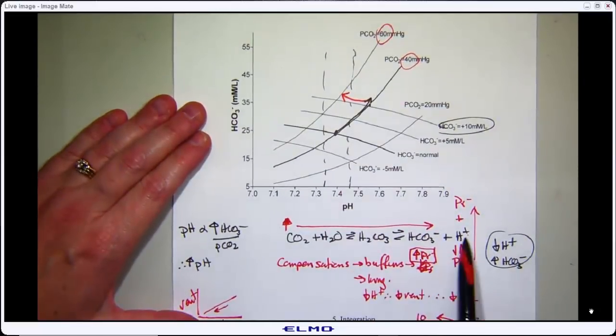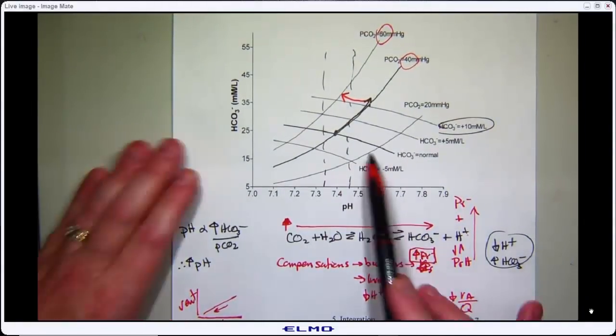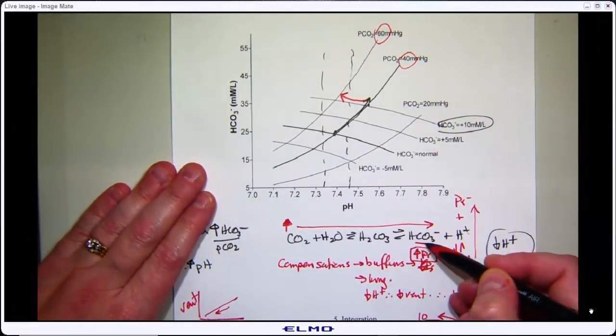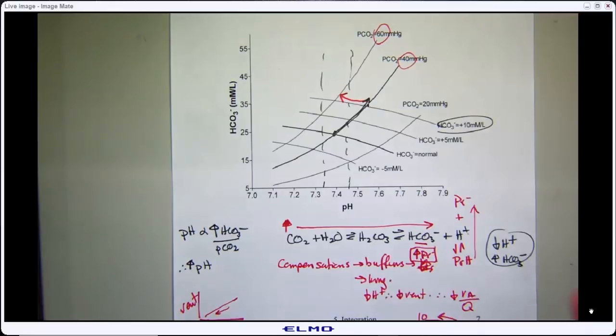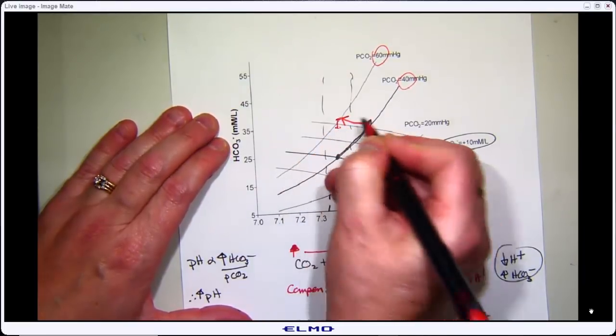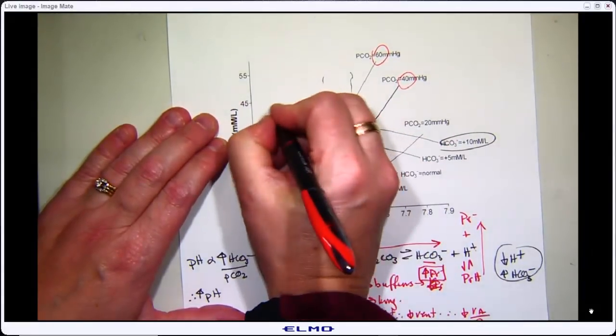And indeed, with that increase in free hydrogen ion and a decrease in pH, we're pushing the equation in this direction, so we should see an increase in bicarb. Not because we are getting ourselves into a greater base excess, but because we just shifted forms, okay? So again, this change in bicarb is us shifting forms.